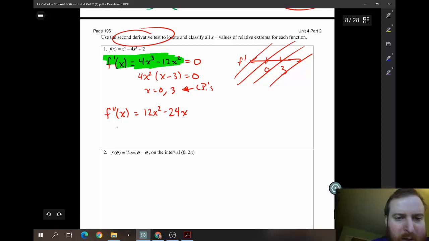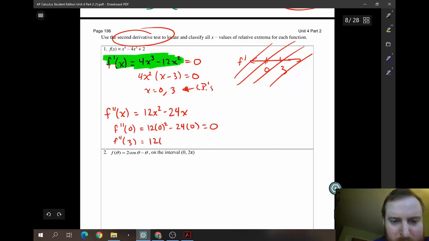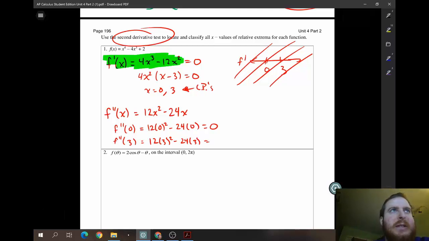And now we're going to plug in 0. And we got 0. And then we'll also plug in 3. And that gives us 12 times 9, and then minus 24 times 3.